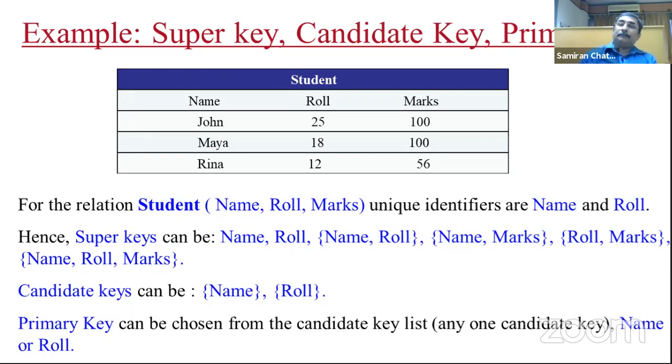One question was there: is it always true that if I take all the columns in a table, then that can become a super key? Yes, that can become a super key, if a super key exists.